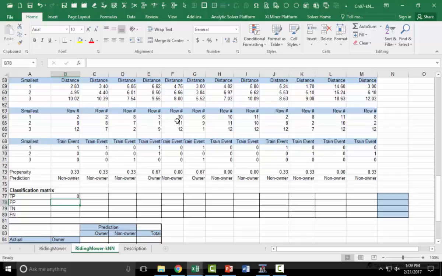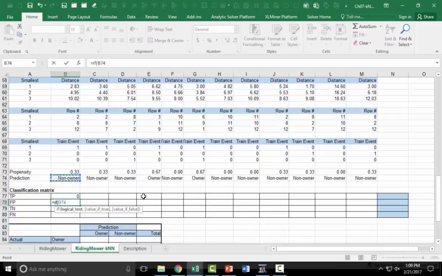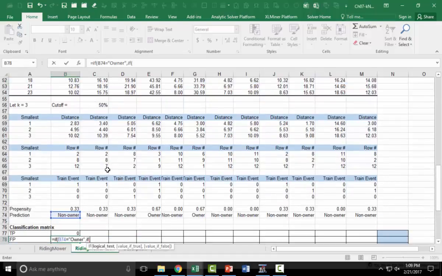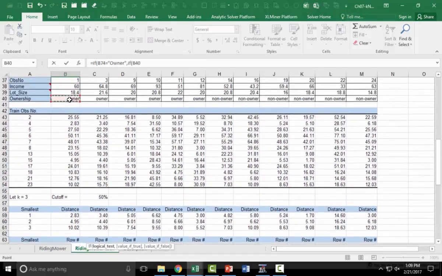So that will be like if B74 is owner, you predict as owner, and if B40 is non-owner, you predict owner but actual is non-owner. So that would be false positive. So false positive will be a 1 then.